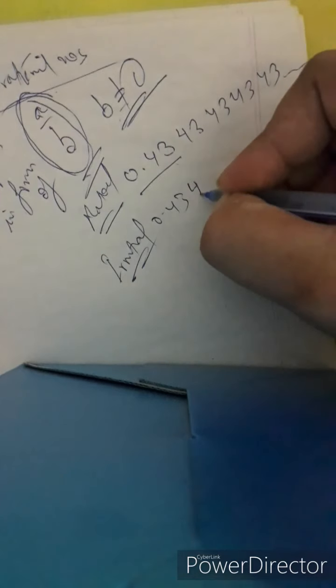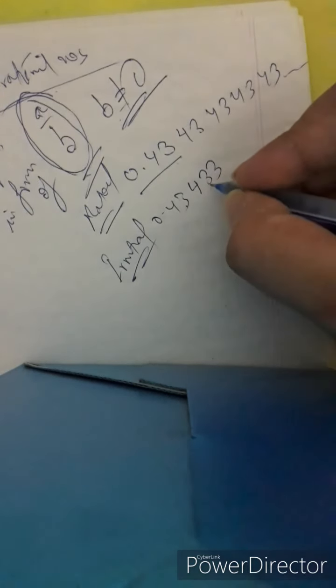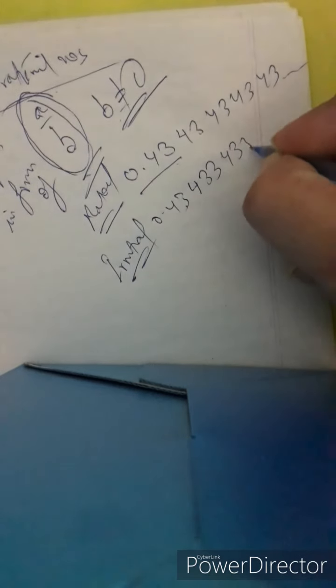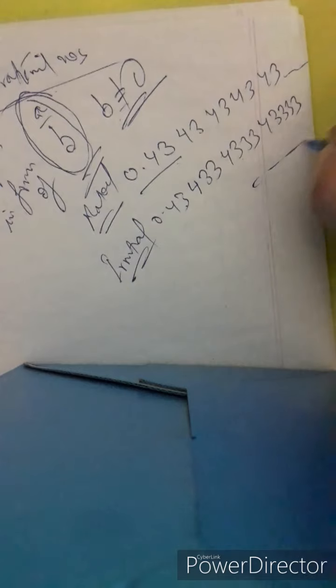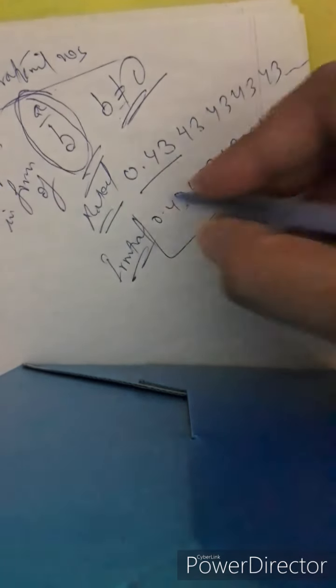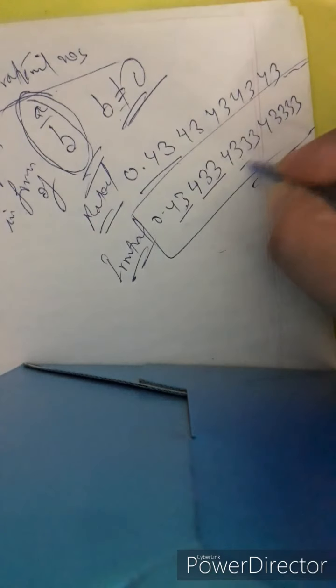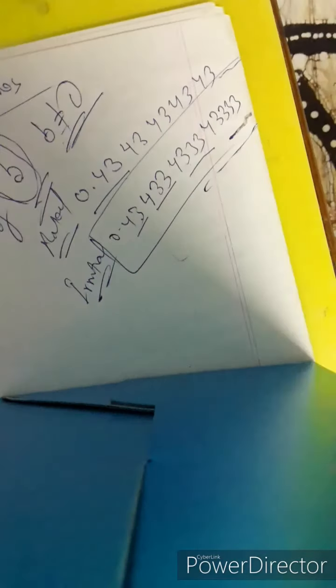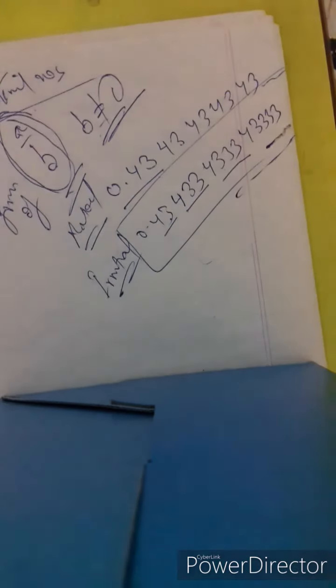0.43, 0.433, 0.4333, 0.43333, and likewise continuing. In this you can see it is non-repeating and non-terminating.